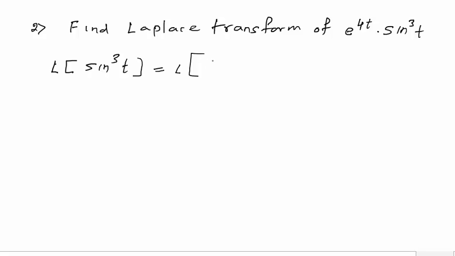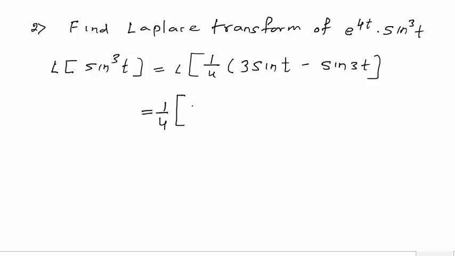Laplace of sin cube t can be written as 1 by 4, in bracket 3 sin t minus sin 3t. We take 1 upon 4 out, and in the bracket 3 into Laplace of sin t will be 1 upon s square plus 1, minus Laplace of sin 3t, which will be 3 upon s square plus 9, that is s square plus a square.